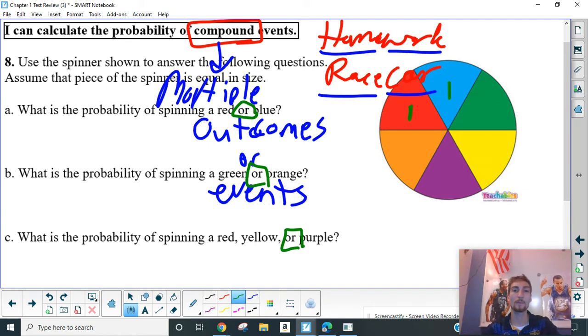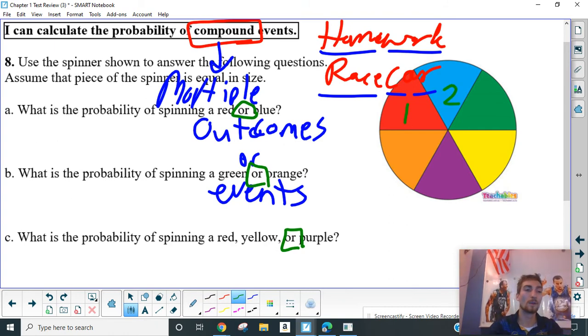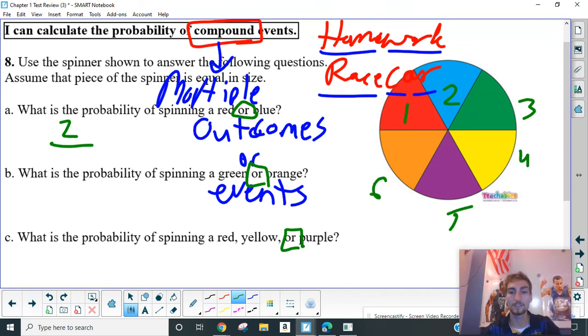If we were to say how many parts of the spinner there are total, we would say one red, and then that blue would be a second part. And so now we're looking at 2 over whatever our total is. In this case, we have 1, 2, 3, 4, 5, 6 parts to this spinner. So my probability would be 2, the parts, over 6.